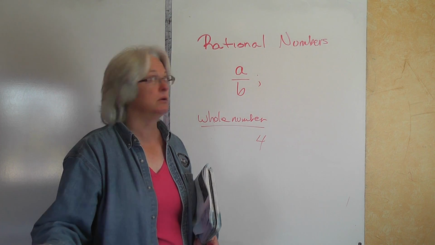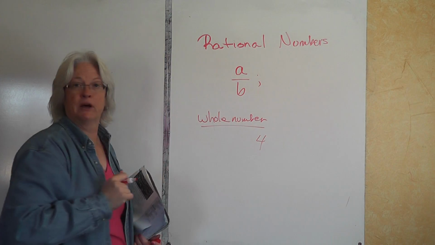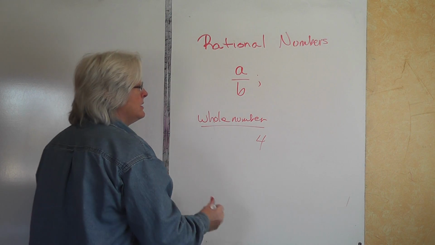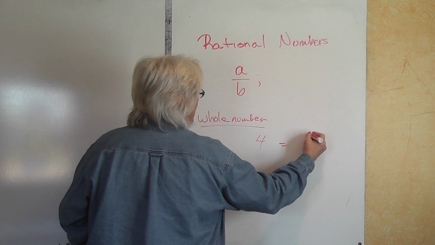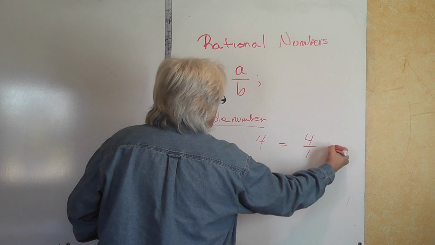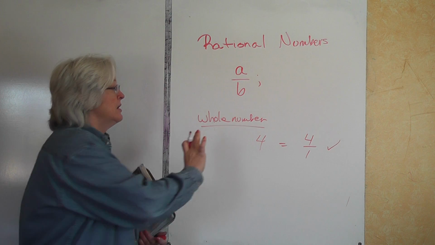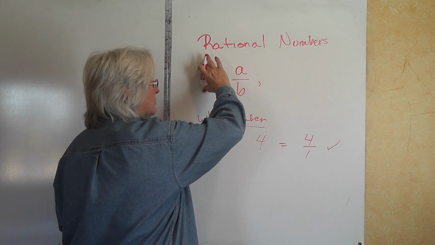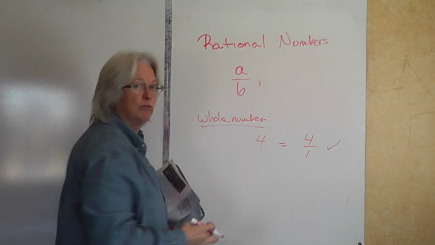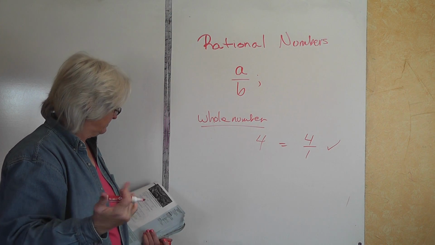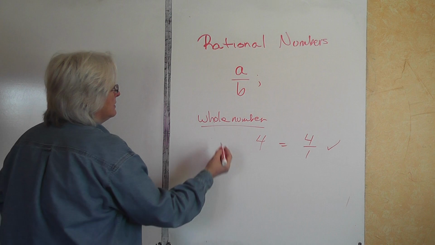Is a whole number a rational number? Well, it doesn't look like a fraction, does it? But can it be written in fractional form as 4 divided by 1? Yes. So whole numbers are rational numbers because even though we don't typically write them in fractional form, they can be written that way.